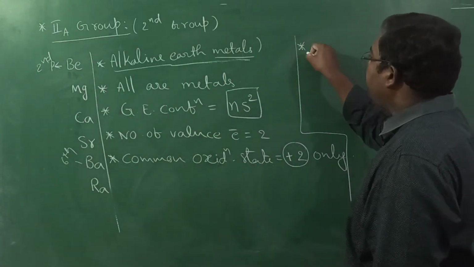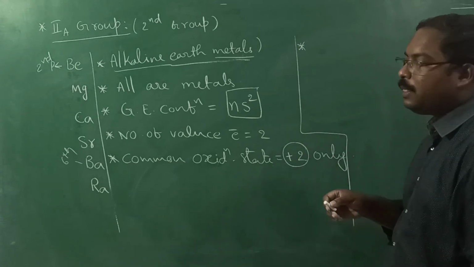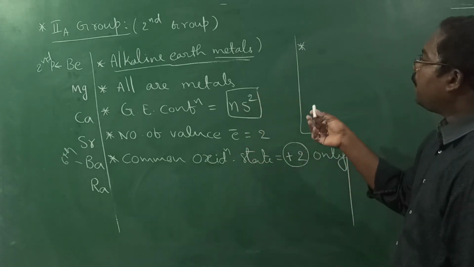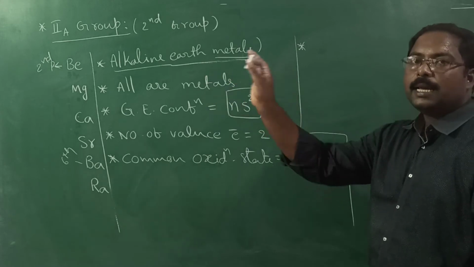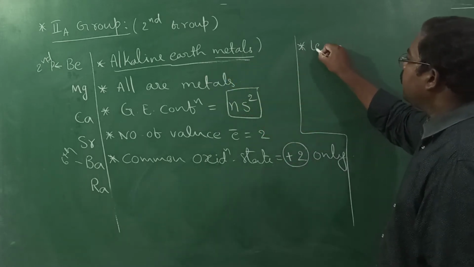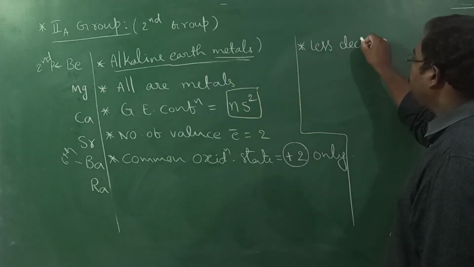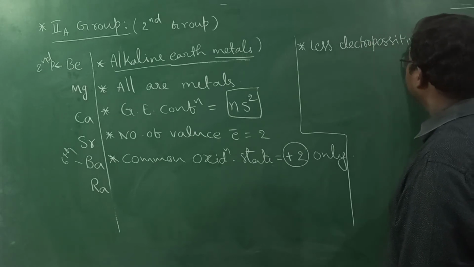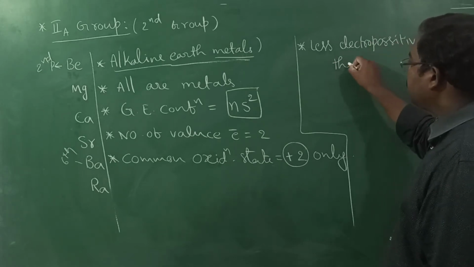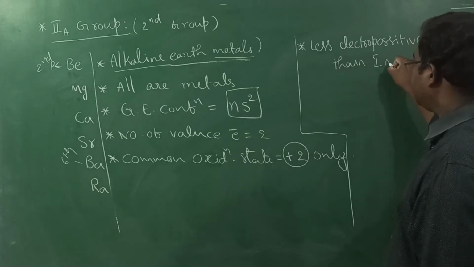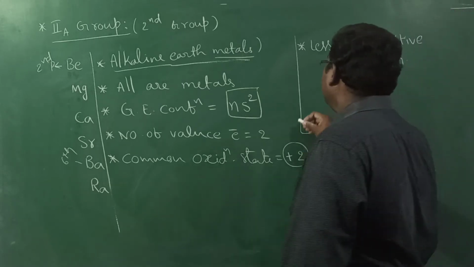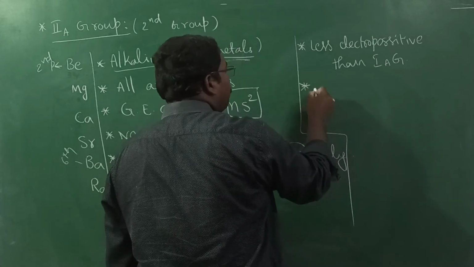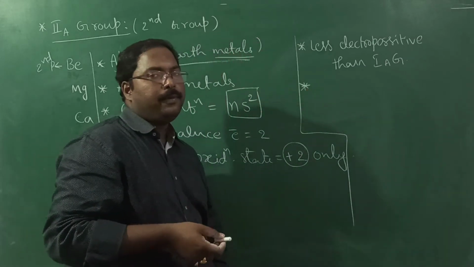When compared to the other metals in the periodic table, they are highly electropositive, but compared to first A group elements, the alkali metals, these are less electropositive. As these are less electropositive, what about their reactivity?